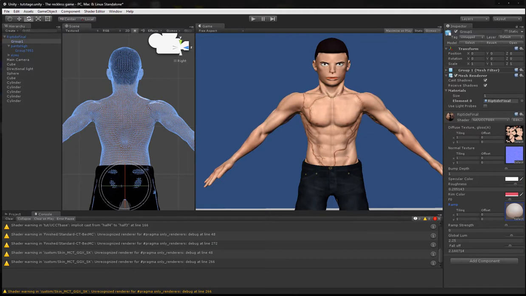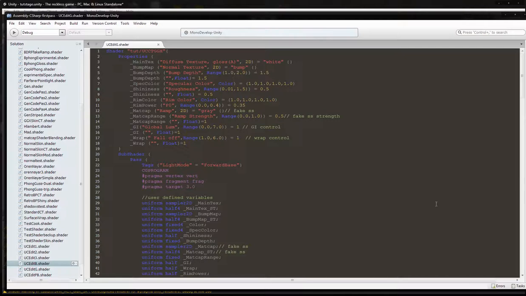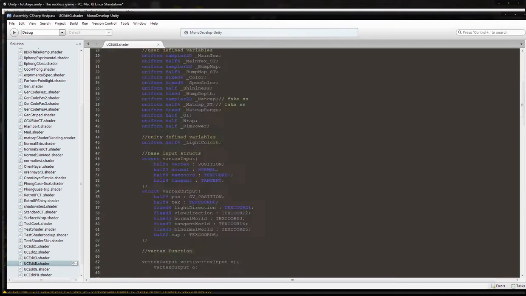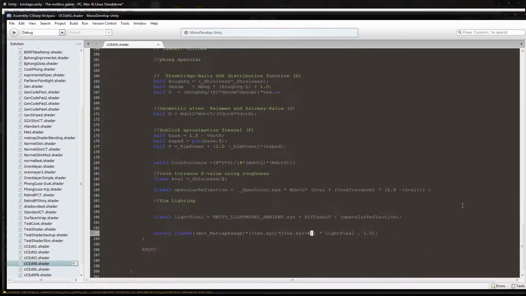So in the next tutorial, we're going to go back to one of our Blinn-Phong shaders. We're going to go back to the one that we saved as Blinn-Phong, and we're going to modify that one. What we're going to do for that one is not exactly make it a Cook-Torrance shader.